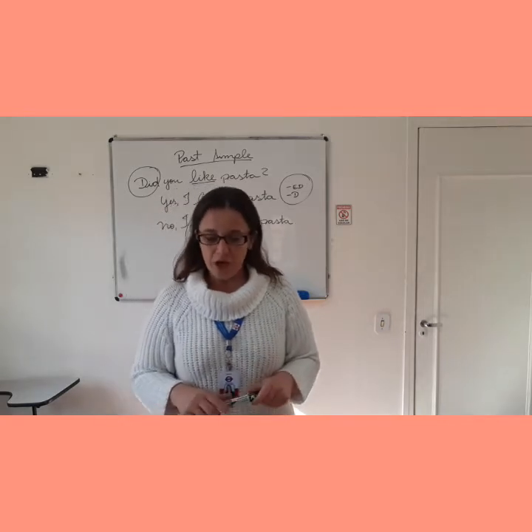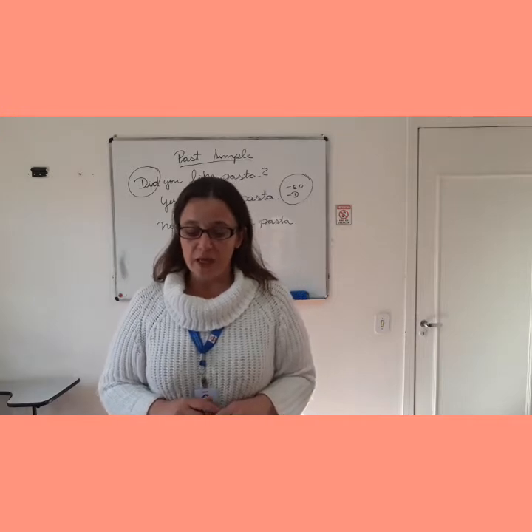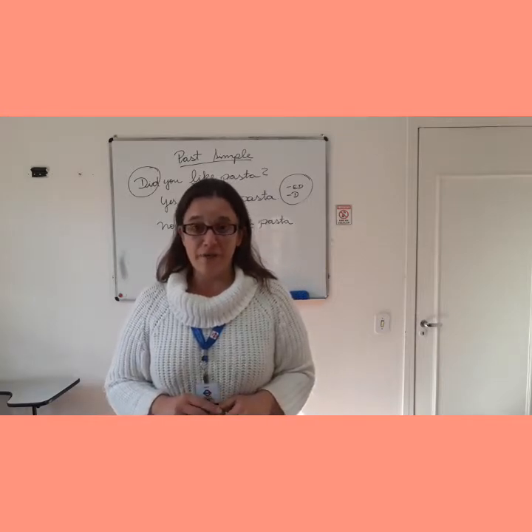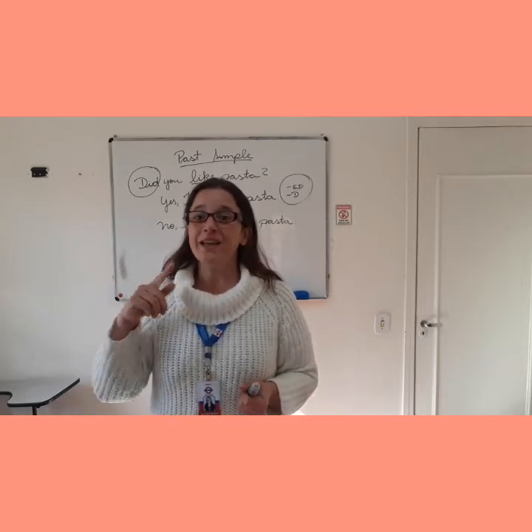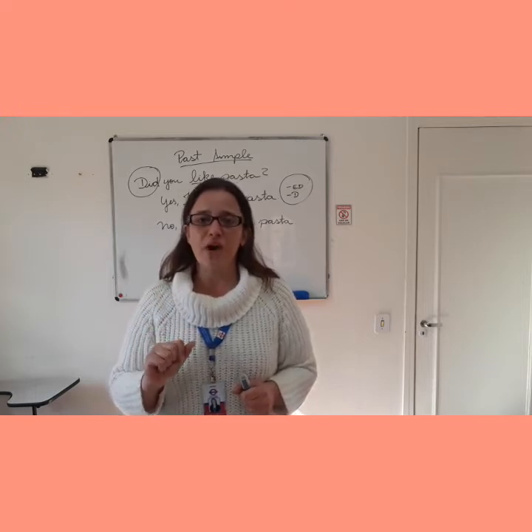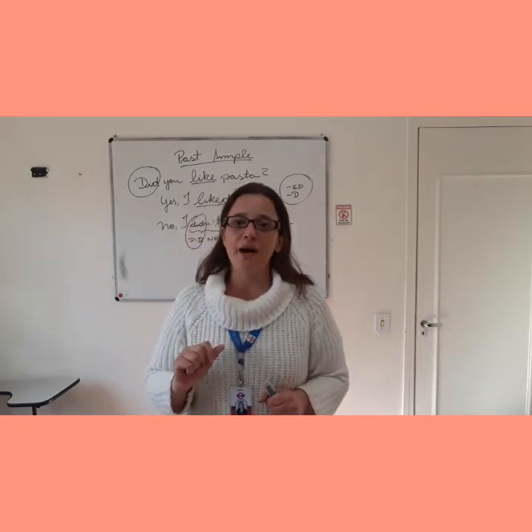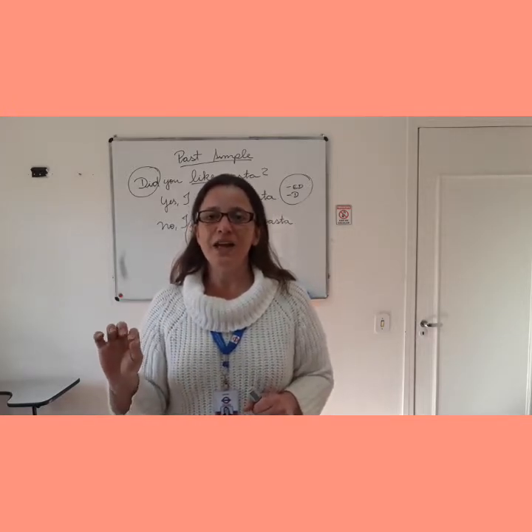Okay? So, to make questions, we use the auxiliary verb to do in the past. So what's the past of the verb to do? Did. And guys, remember, we have that difference when in the simple present, when we are talking about the persons he, she, and it. We use does.